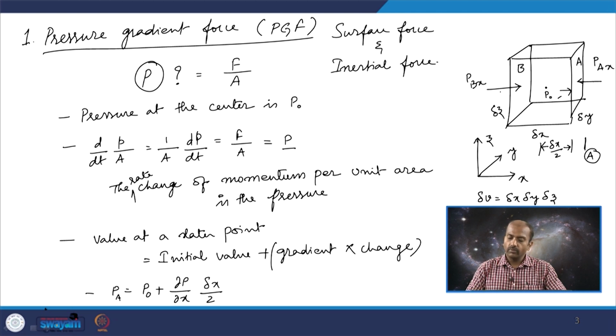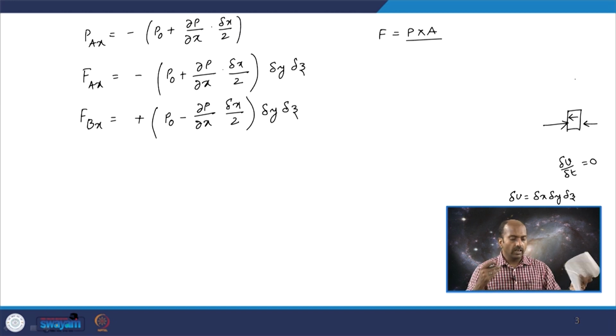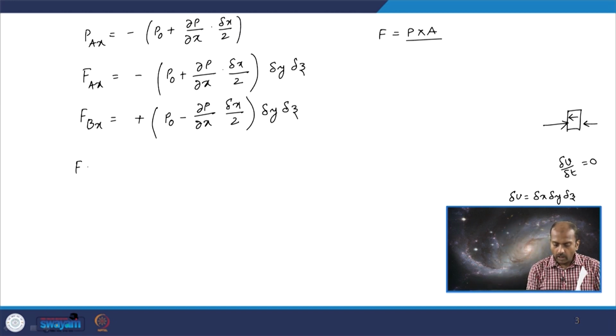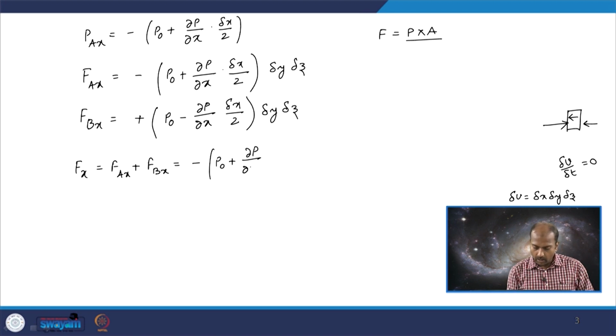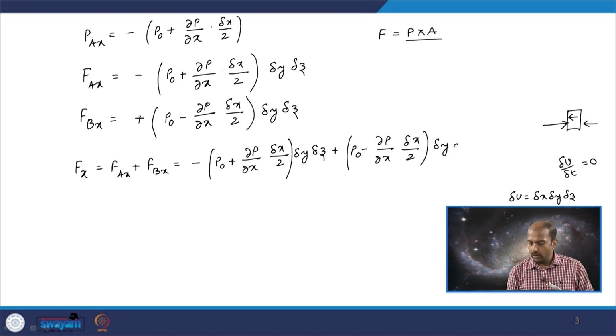So, if you balance the forces from inside and outside on both the sides, you will realize that the net force that acts along the x direction, Fx, is nothing but F Ax plus F Bx, which equals minus P naught plus dou P by dou x into delta x by 2 times delta y delta z plus P naught minus dou P by dou x into delta x by 2 times delta y delta z. So, then it will get cancelled.